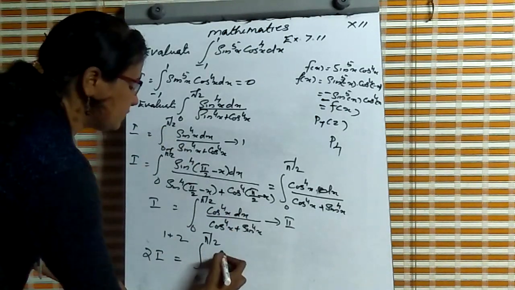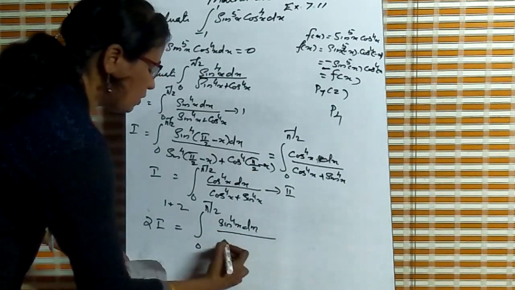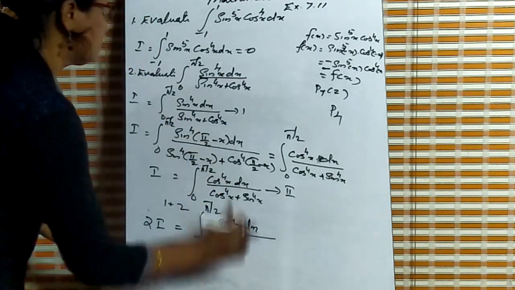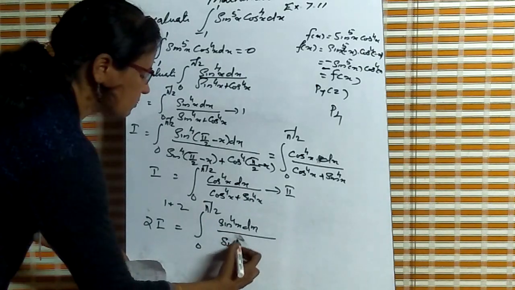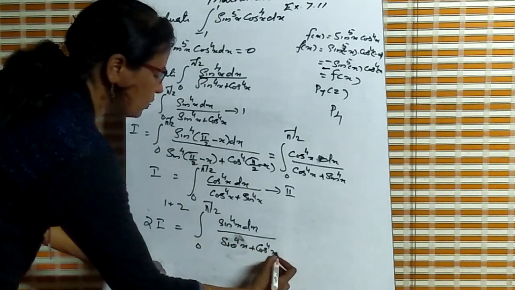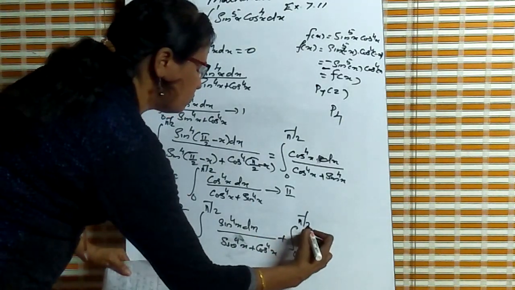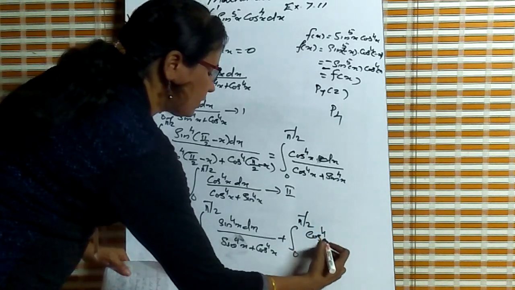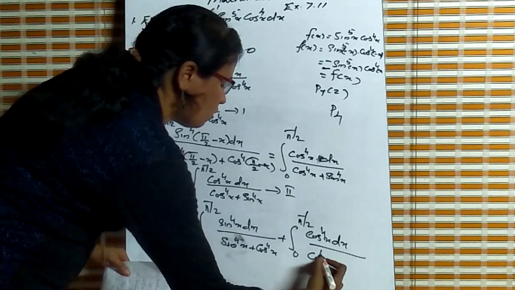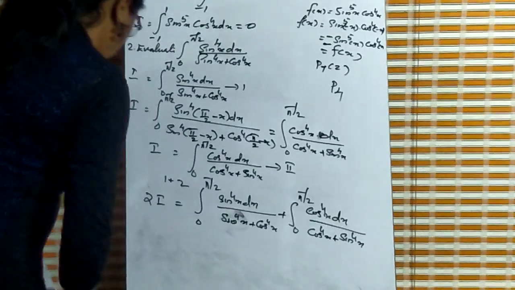First, sin^4 x dx by sin^4 x plus cos^4 x, plus the right side of the second equation, the integral from 0 to pi by 2 of cos^4 x dx by cos^4 x plus sin^4 x.